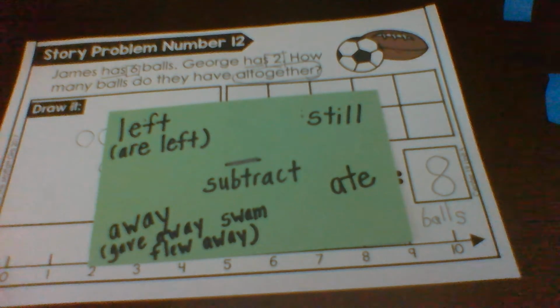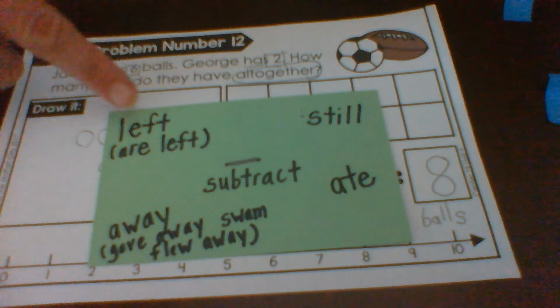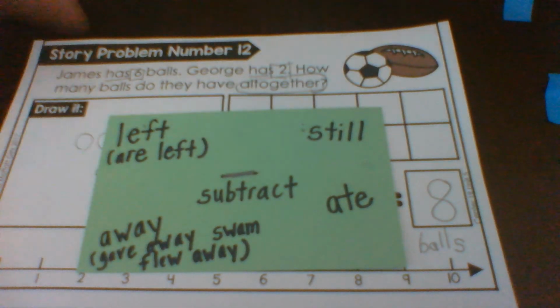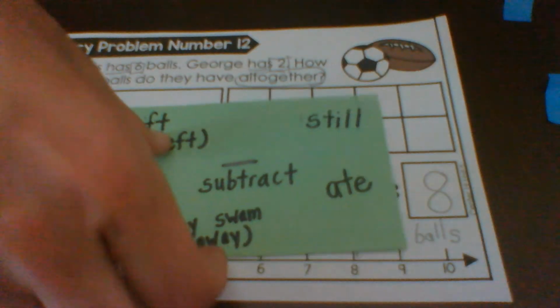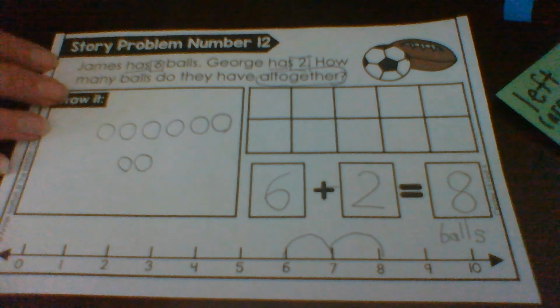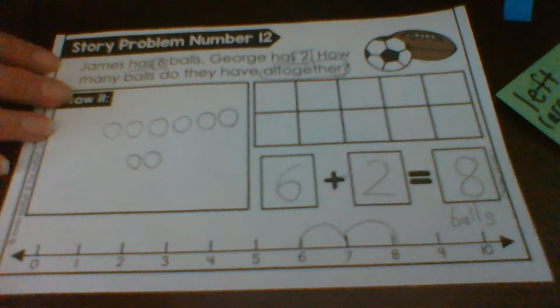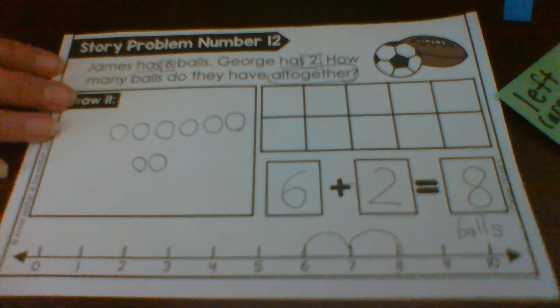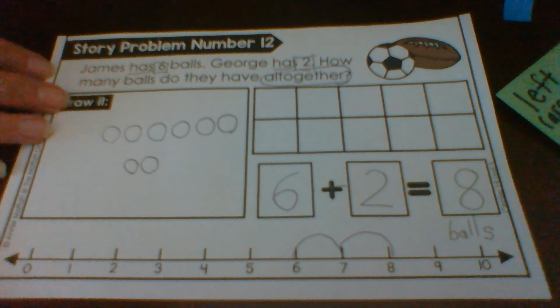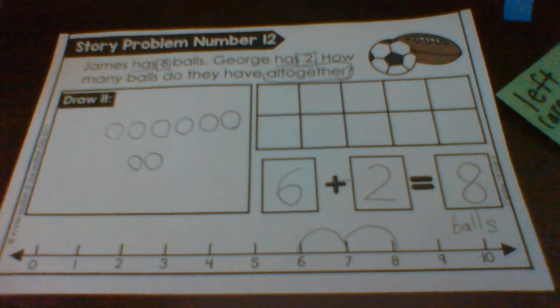And some for Miss Sally subtraction, are left or are left, still, ate, and away, gave away, flew away, swam away, right? So maybe if you have more time, Mom or Dad, you can turn over your paper and they can give you some more story problems and you can think about those keywords and know and remember if you should add or subtract. Great job, boys and girls.